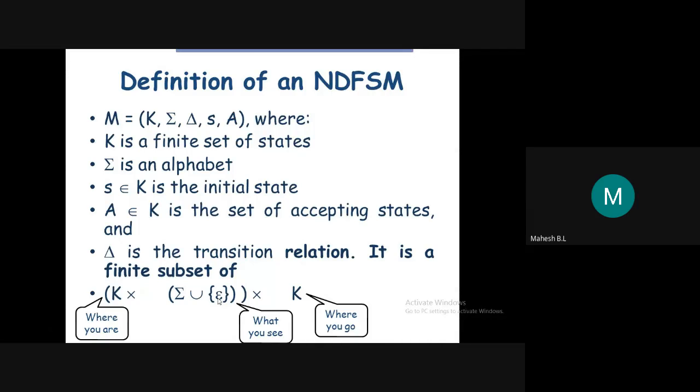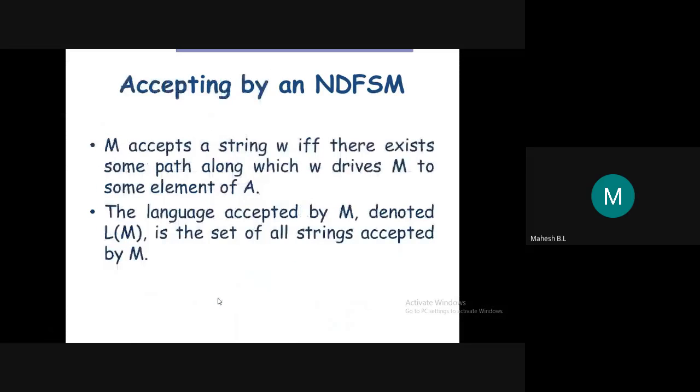The input symbol can be one of the symbols in the alphabet, or it can be epsilon. Then accepting by an NDFSM: M accepts a string w if and only if there exists some path along which w drives M to some element of A.